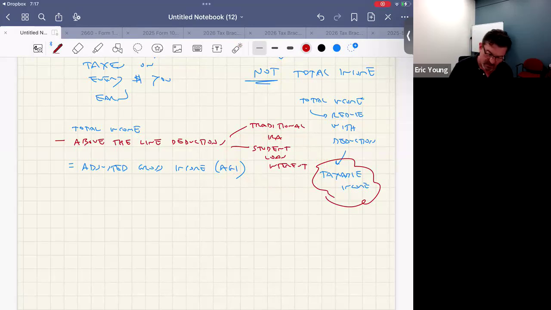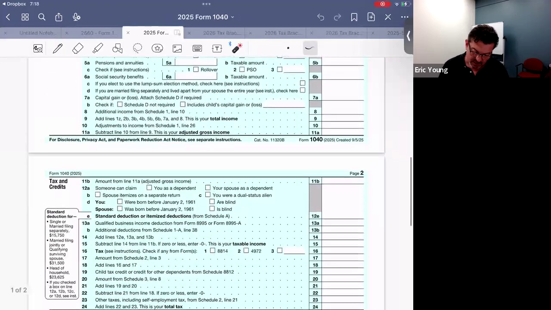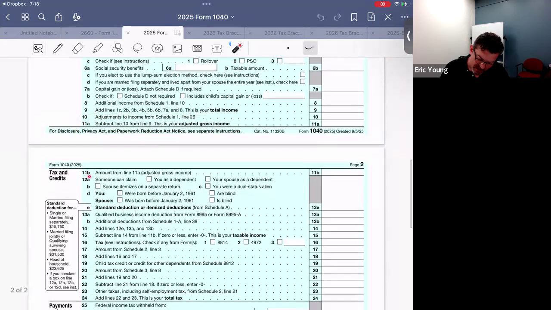But wait, there's more. Because from here, we can subtract another deduction, and this deduction is right here. We see on line 11 your AGI, and look at line 12E, standard deduction or itemized.